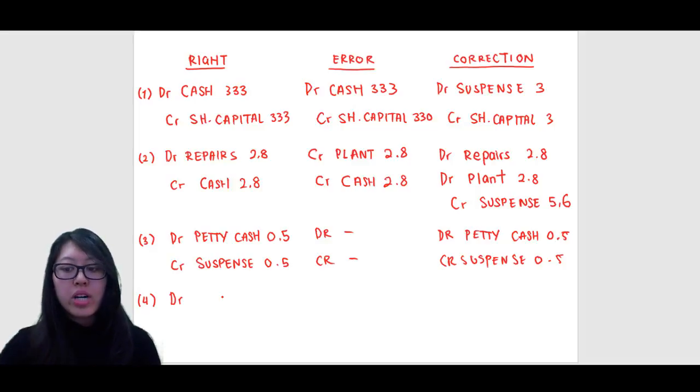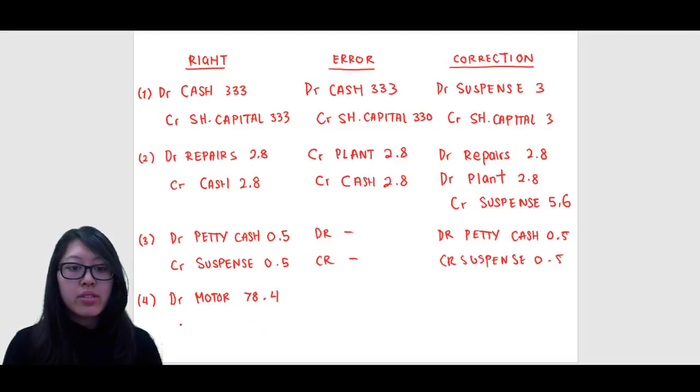So we're acquiring an asset by letting go of an asset. It's going to be a debit to the motor vehicles account, and the amount was supposed to be $78,400. And because we're paying by check, we credit the cash or bank account, same thing, for $78,400.